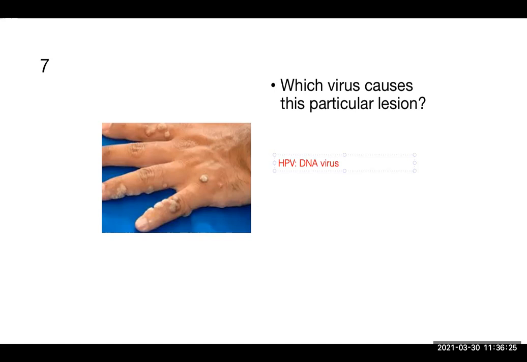And this virus, okay, causes anogenital wart as well. Anogenital wart. What is another term for anogenital wart? Anybody remember? We discussed this in dermatology. Any particular term we have discussed there regarding the anogenital wart?